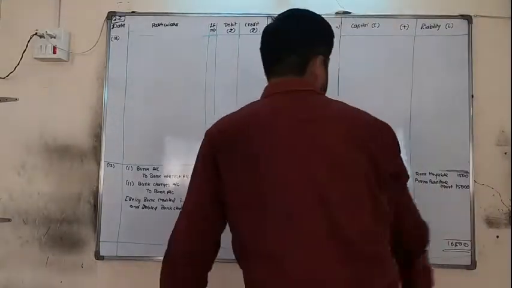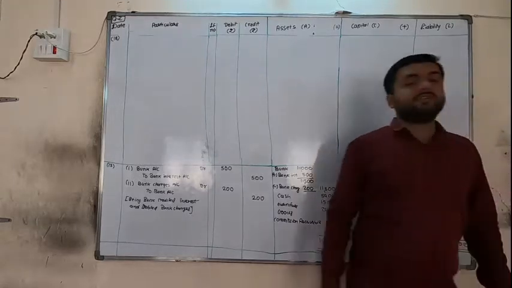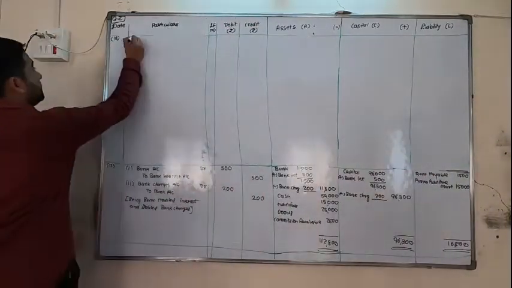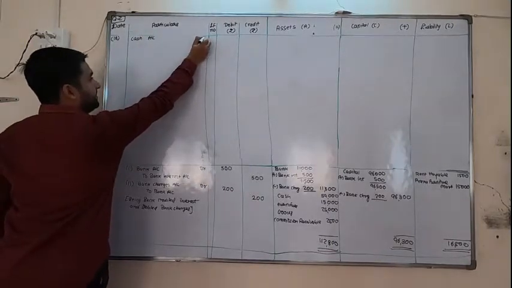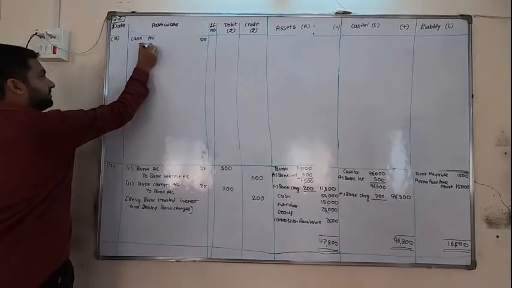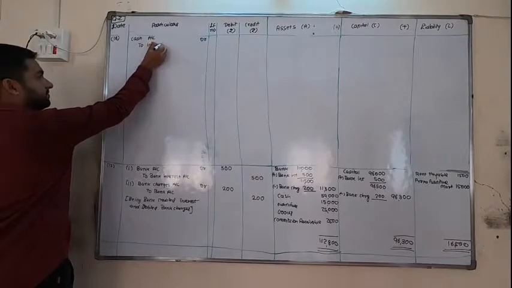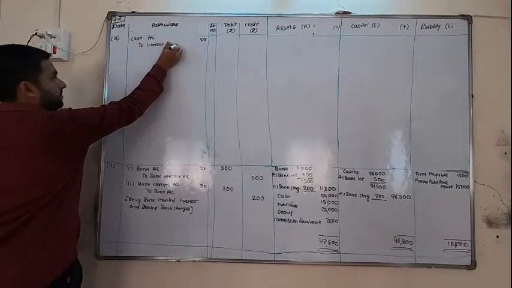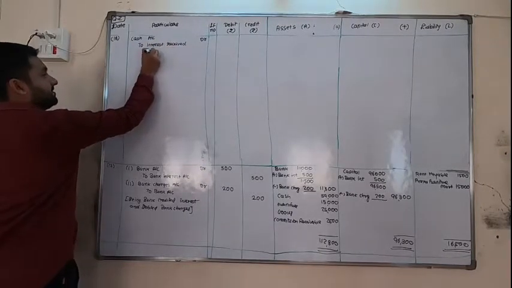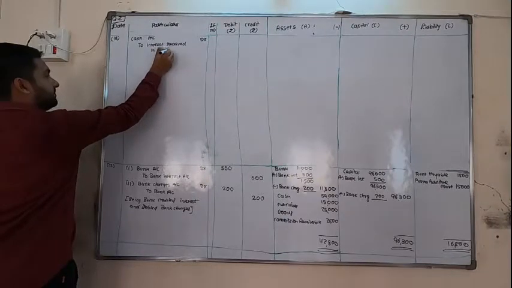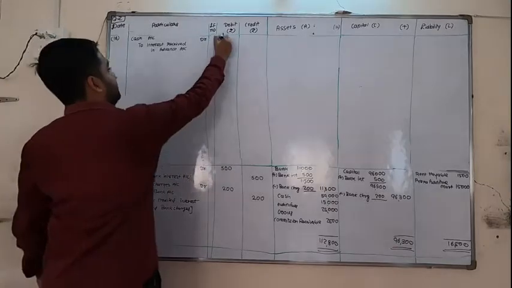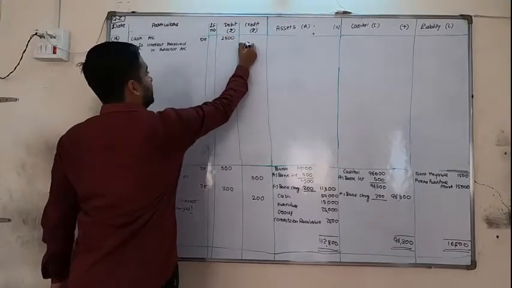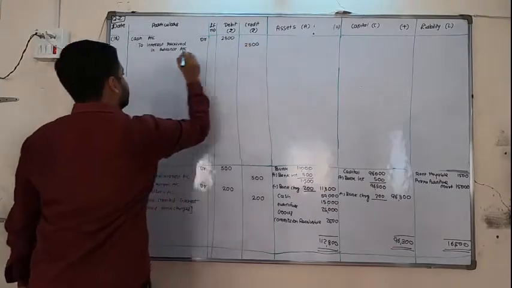Yes, so we have received 2500 for interest in advance. Cash account debit to interest received in advance account, 2500, 2500.